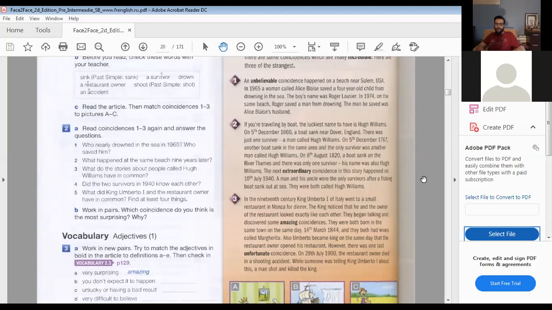Now here we have number 3. What do the stories about people called Hugh Williams have in common? So what does it mean, have in common? It means what is the same thing between them. So if someone asks what do they have in common, it means what is the thing similar to each other.